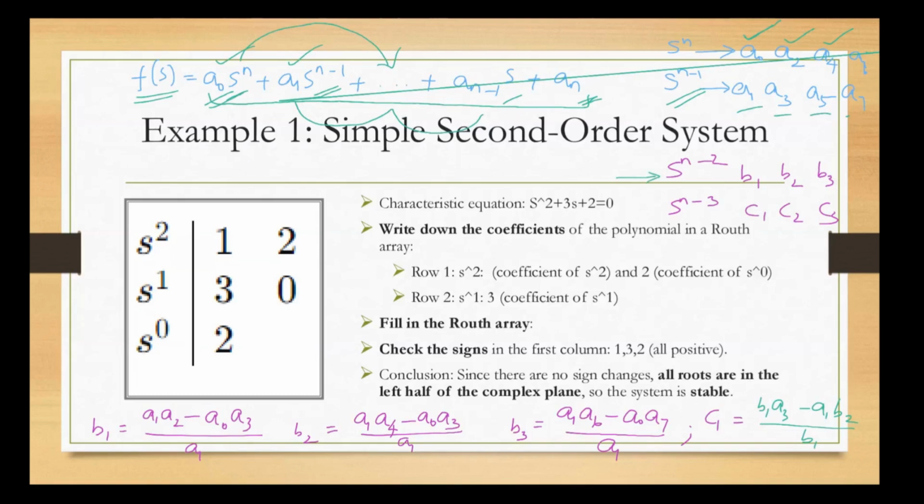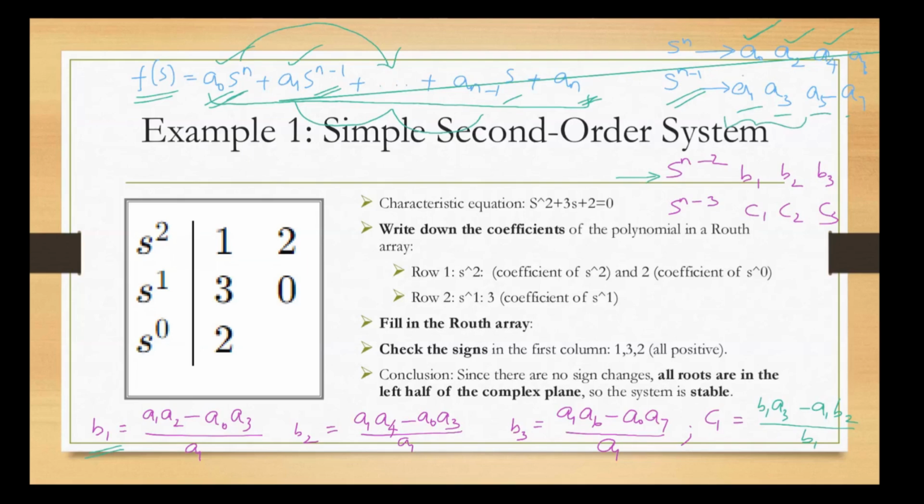So s raised to n minus 2 will have terms b1, b2, b3. And how are these b1, b2, b3 calculated? b1 is calculated from the two rows just above this s raised to n minus 2. From these two rows, we calculate b1, which is a1 into a2 minus a0 into a3, divided by a1.